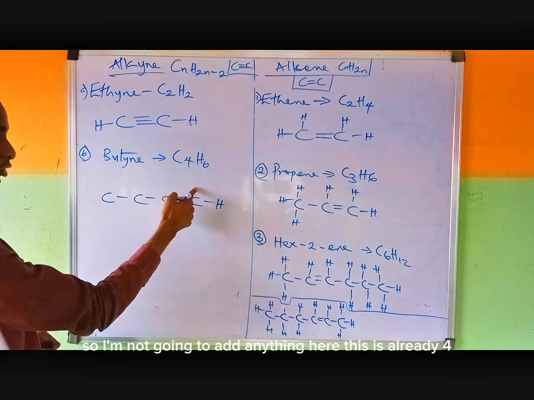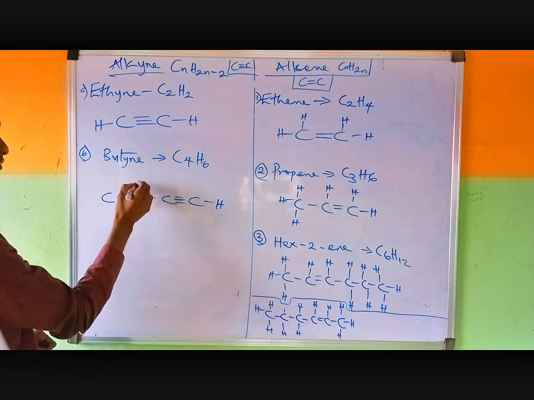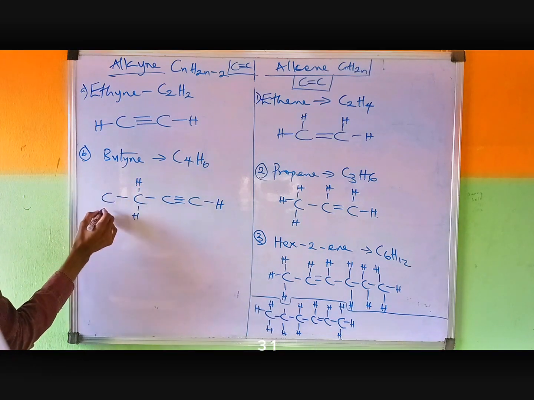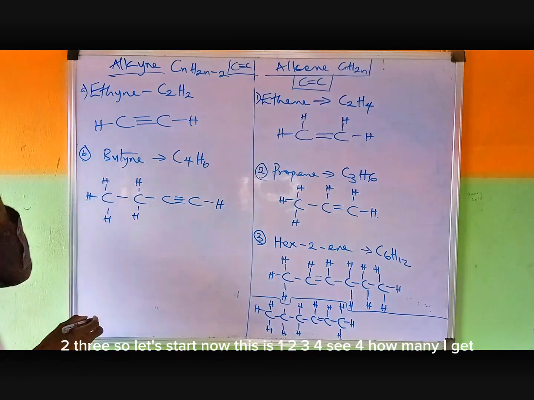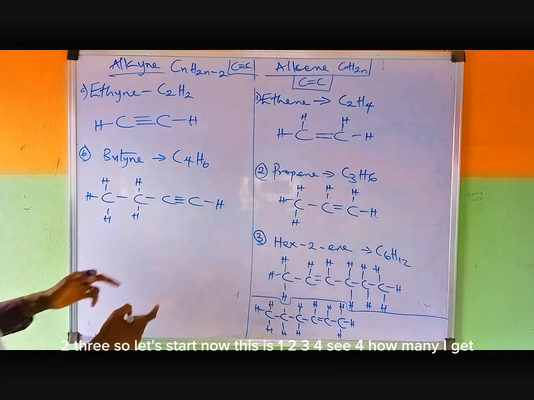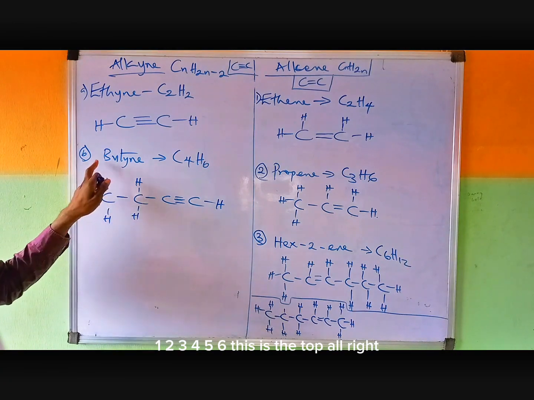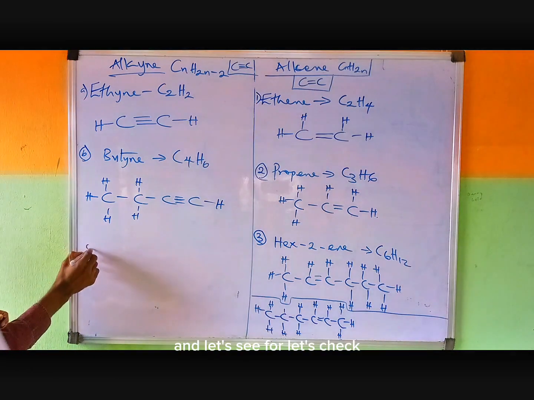This is already 4, nothing to be added here. This is 2, so I have 1, 2, and this is 1. So how many do I need around here? 3. 1, 2, 3. So let's count now. This is 1, 2, 3, 4. C4. How many hydrogen? 1, 2, 3, 4, 5, 6. This is butyne. Alright.